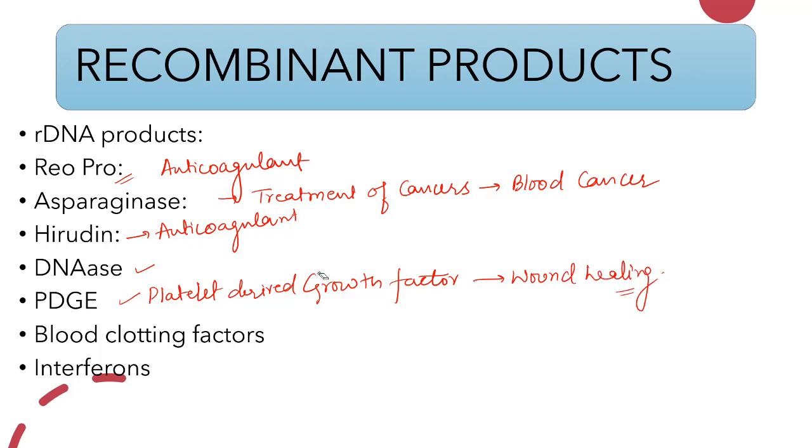Okay. Then blood clotting factors like factor number 8, factor number 9, anti-hemophilic factor, or Christmas factor. Okay. Interferons, which are used as antiviral agents.